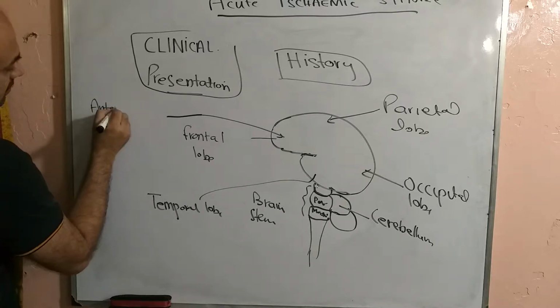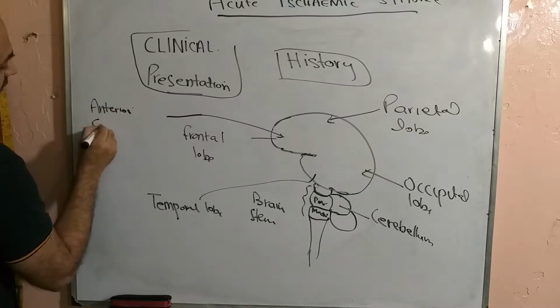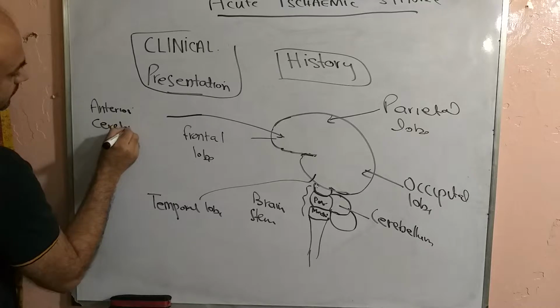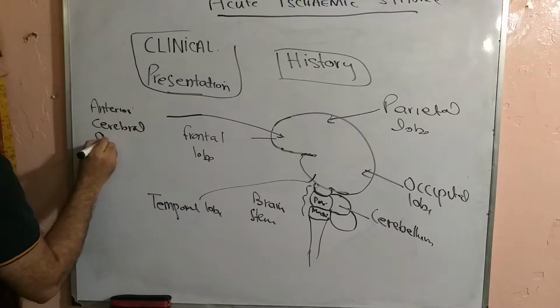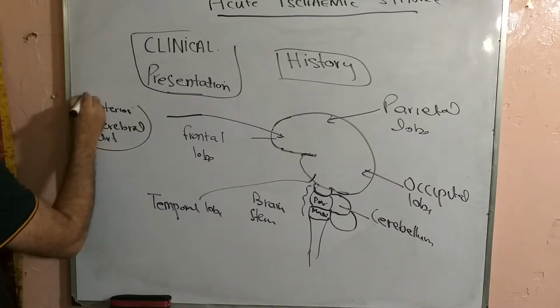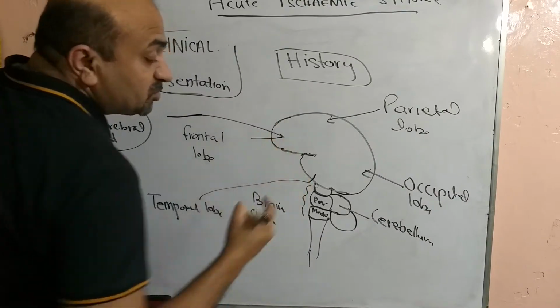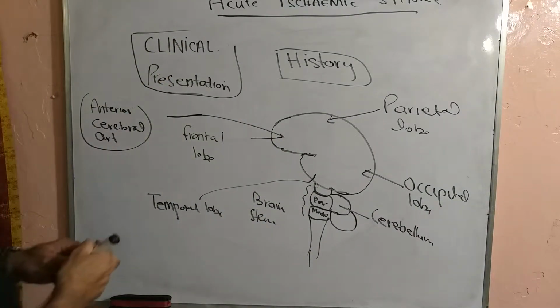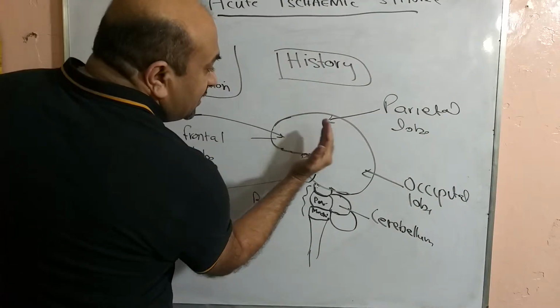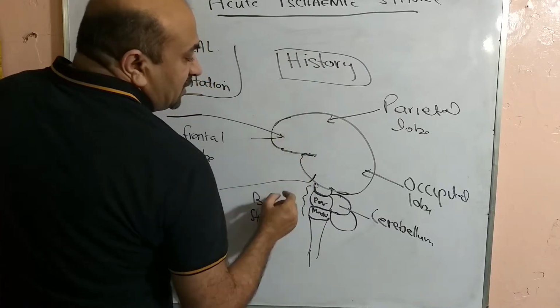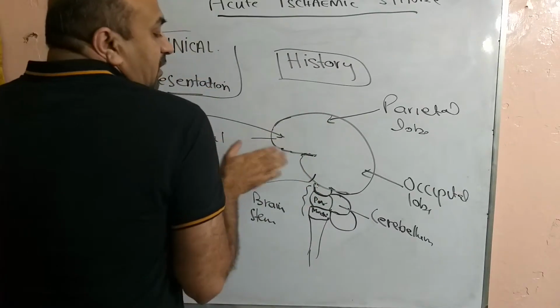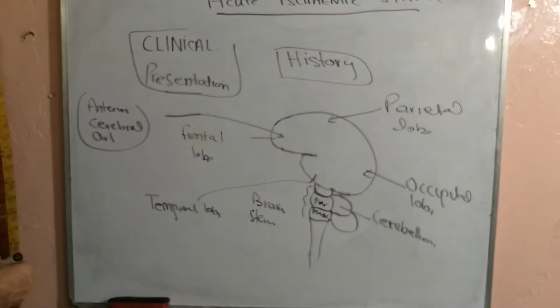When the anterior cerebral artery is involved, mainly the frontal lobe, especially its medial side, and the anterior and medial part of the parietal and temporal lobe are involved.